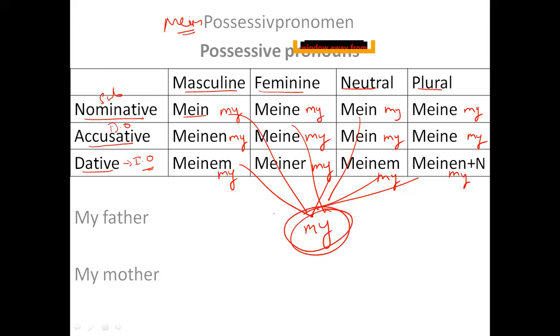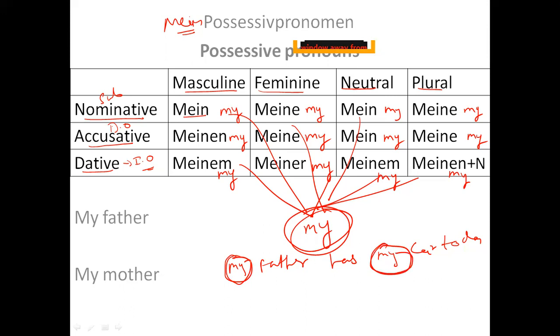The difference is, if I say my father has my car, right? My father has my car today. So here, how many possessive pronouns can you see? This is one possessive pronoun, and this is the second possessive pronoun. In this sentence, I can see two possessive pronouns, my and my.